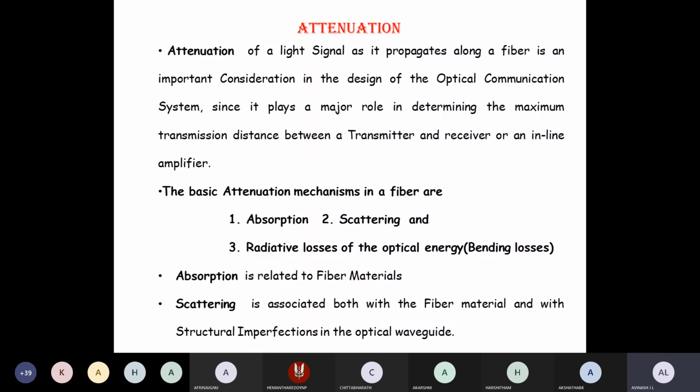Scattering is related to both the fiber material and the structural imperfections in the optical waveguide. So these two factors contribute to scattering. It is associated both with the fiber material and with the structural imperfections in the optical waveguide.